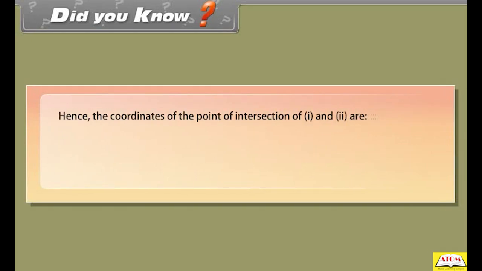Hence, the coordinates of the point of intersection of 1 and 2 are (b1c2 minus b2c1 by a1b2 minus a2b1, c1a2 minus c2a1 by a1b2 minus a2b1).